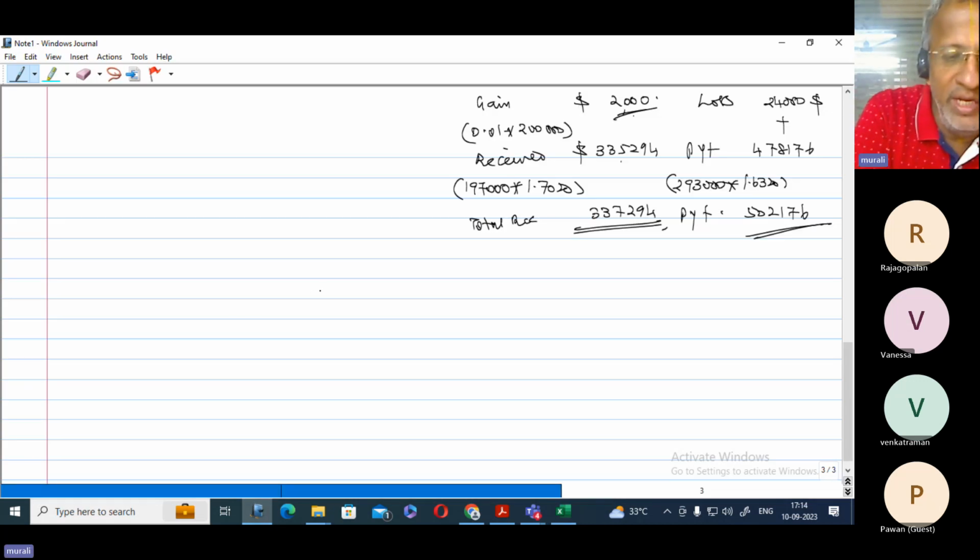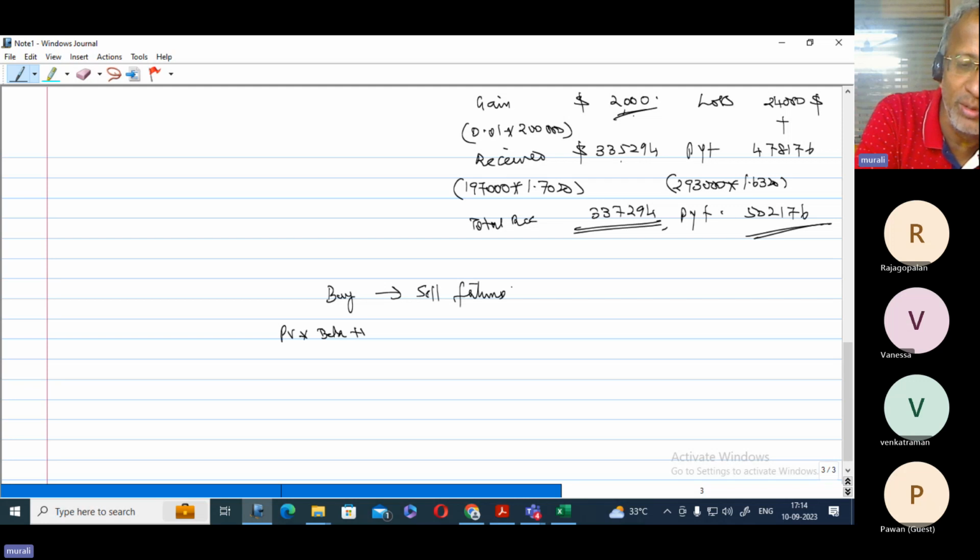For a complete hedge, when your portfolio is a buy portfolio, the complete hedge is going to be sell futures. So when you do this exercise, you will have portfolio value multiplied by beta, which is normally expected to be positive, divided by the value of one futures contract.